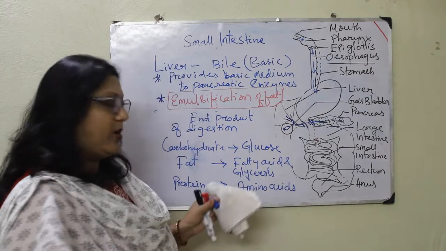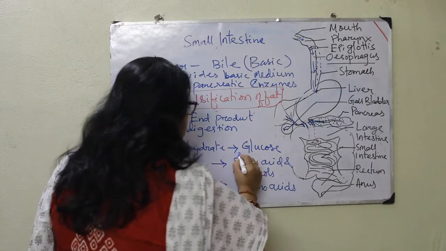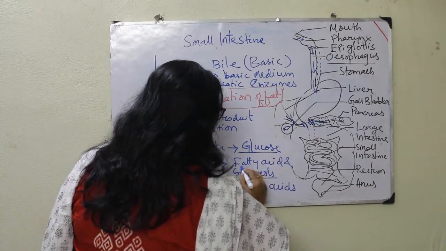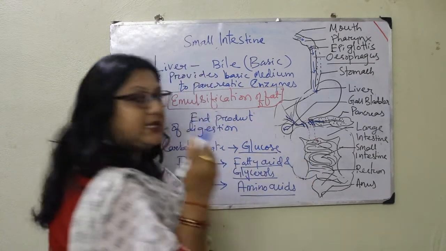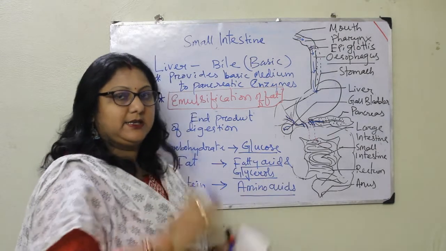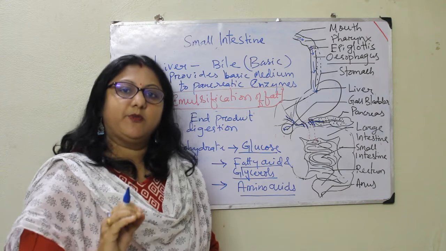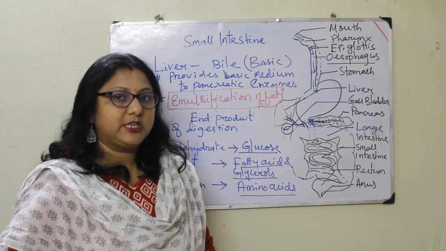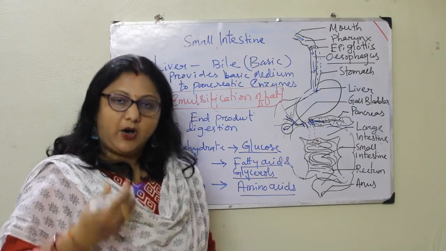Okay, so what are these molecules? These are the unit molecules. Okay, what are these molecules? The unitary molecules, the building blocks of the particular substance. Suppose we talk about carbohydrate, suppose we talk about starch, we talk about cellulose. How is it made?